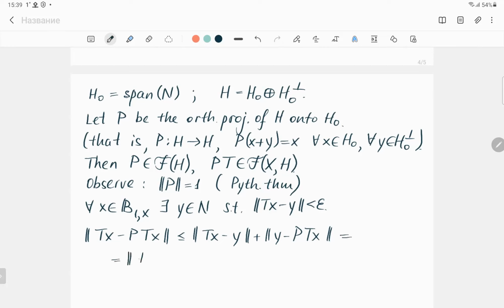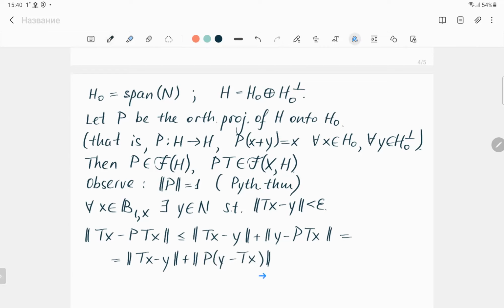So now we modify this as follows. y sits in N, and P is the identity map on N. Actually, it is the identity map on H0. So we can write this in the following way: P applied to y minus Tx. But the norm of P is 1.